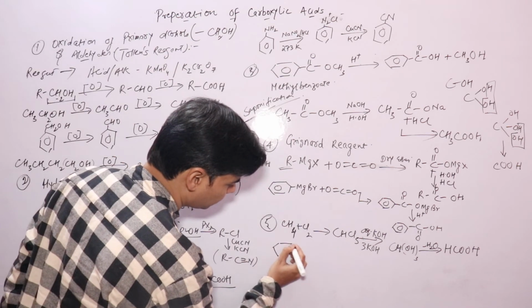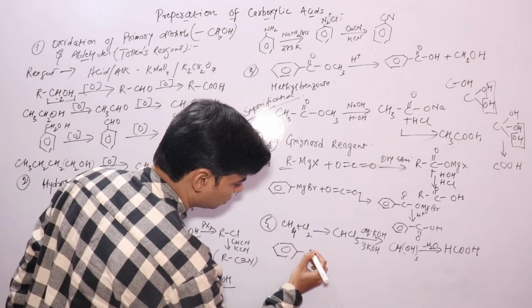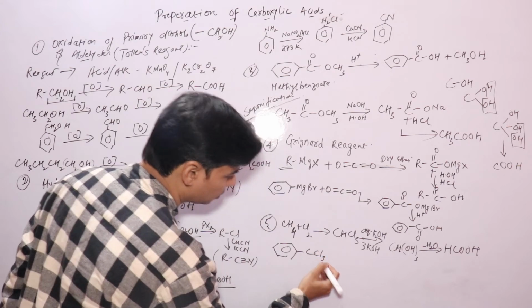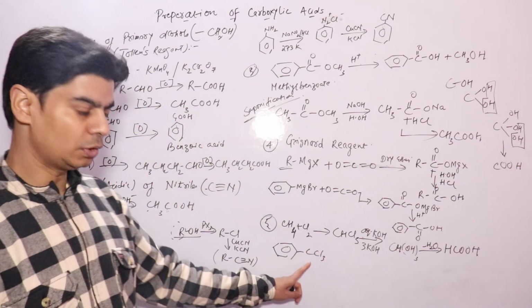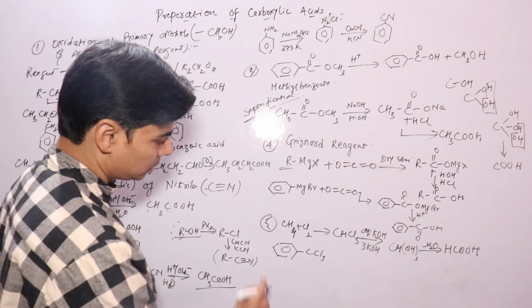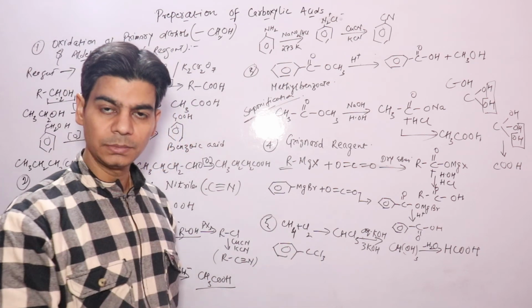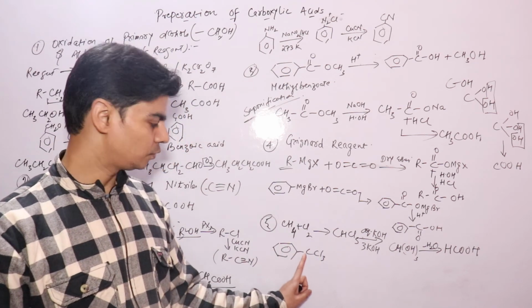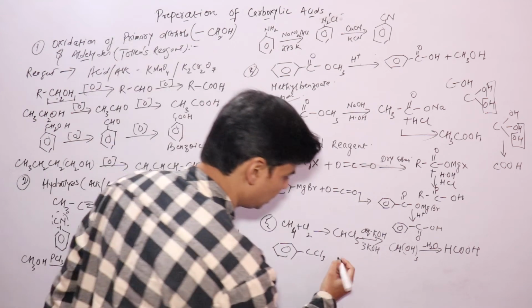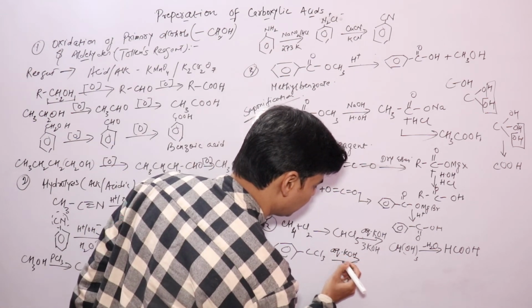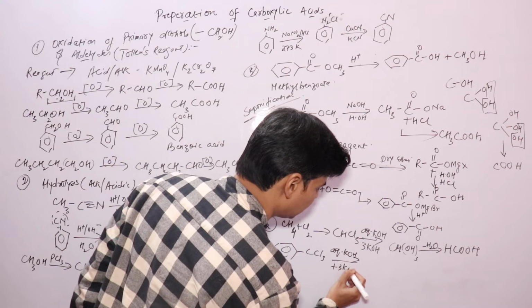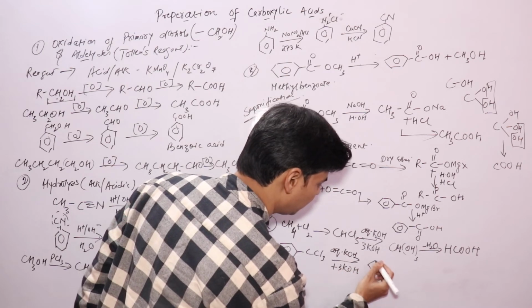Similarly, we have this trihalogen derivative which is obtained from toluene. All hydrogen atoms of the CH3 would be replaced by chlorine atoms to form CCl3. It will react again with 3 KOH.